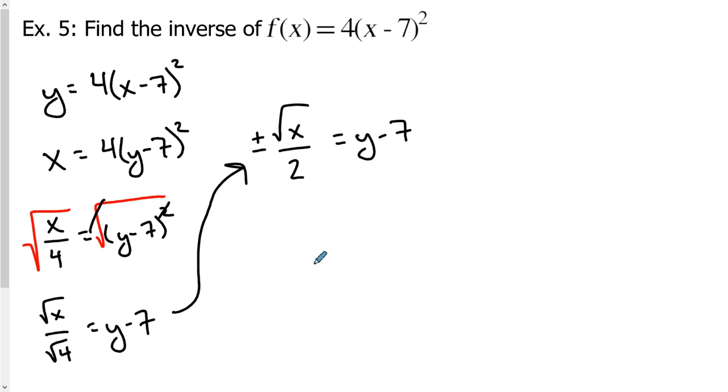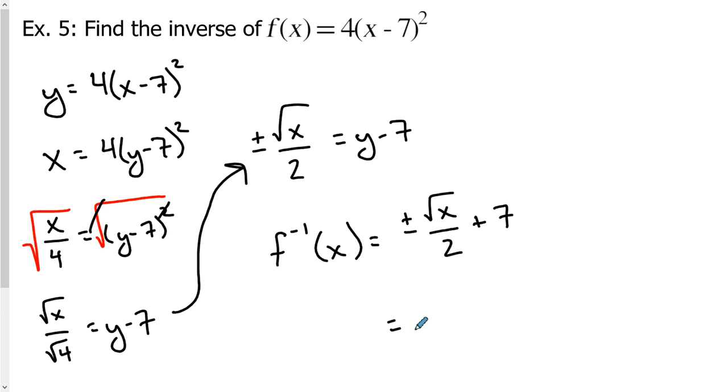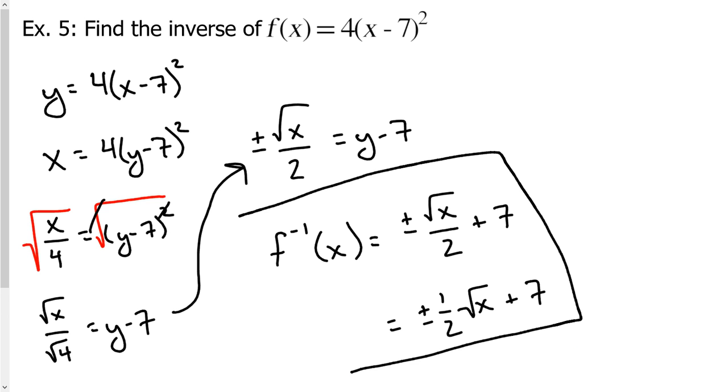So then adding 7 to each side, technically speaking, I would get that f inverse of x is plus or minus the square root of x over 2 plus 7. You could also express that as plus or minus 1/2 root x plus 7, because this means the same thing mathematically. So either one of those would be acceptable as your solution.